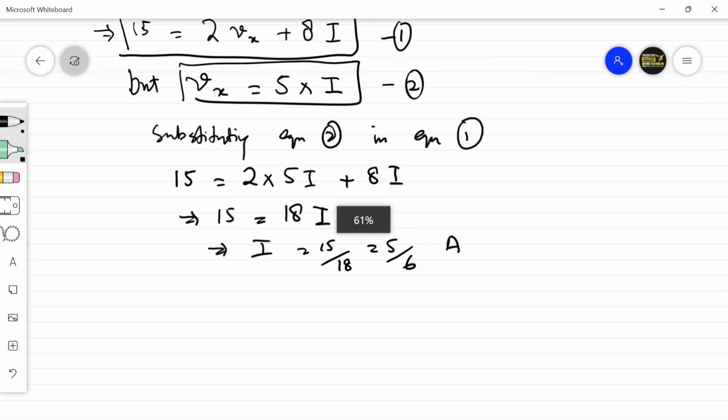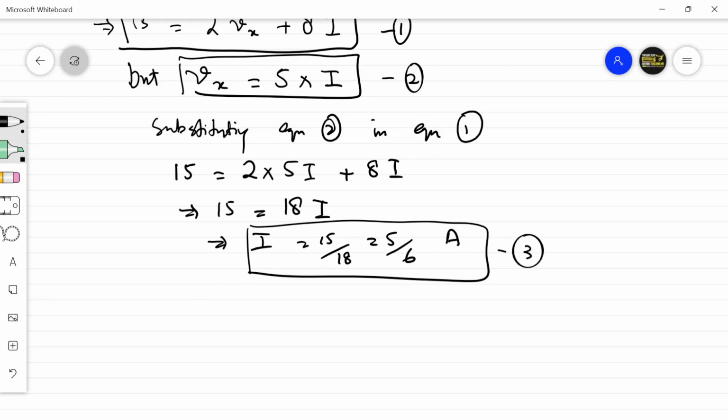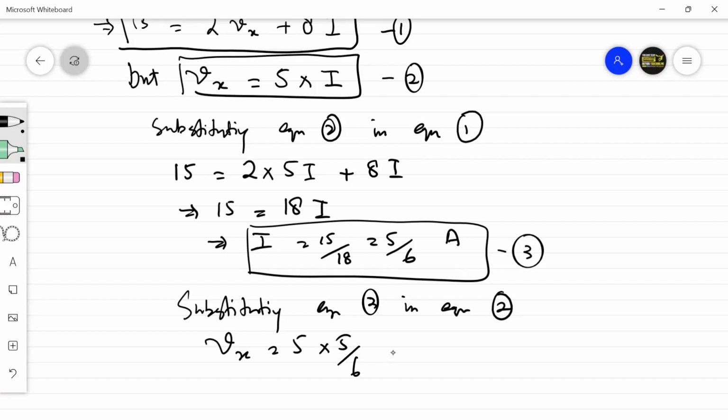So if I is equal to 5 by 6 amperes, substituting this in equation number 2, Vx is equal to 5 into 5 by 6, that is 25 by 6 volts.